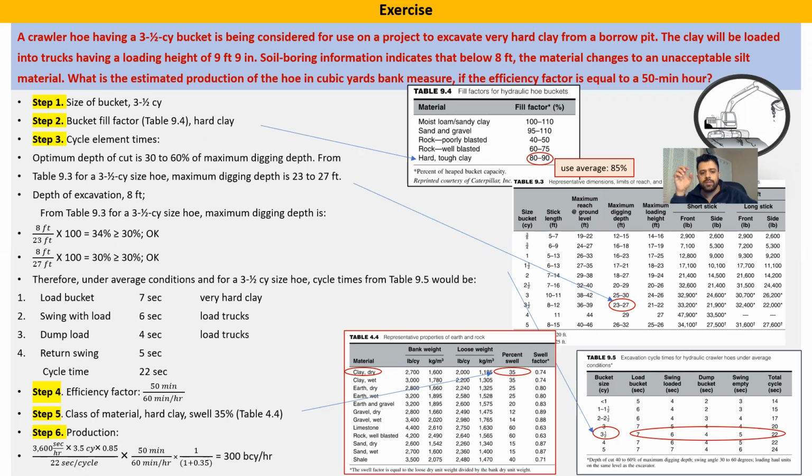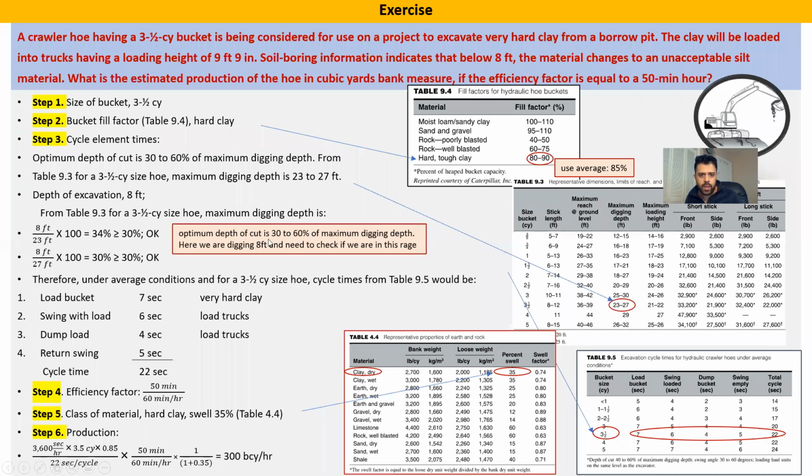Knowing all of that, we could find the production of the machine. So optimum depth of cut is 30 to 60% of the maximum digging depth. Here we are digging 8 feet and we need to check if we are in this range. So 8 out of 23, 8 out of 27.